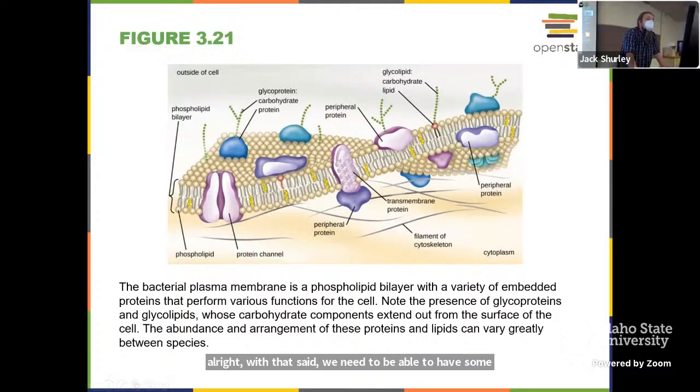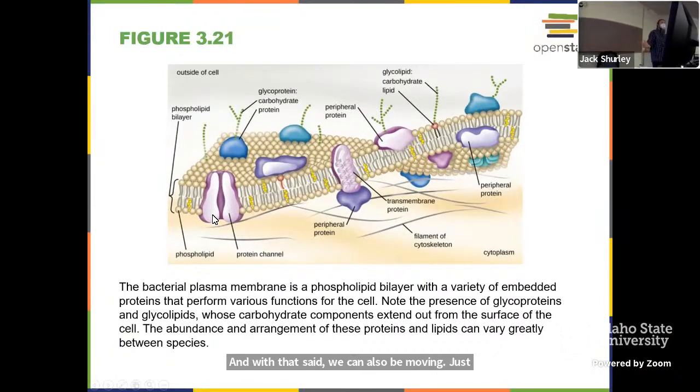Some stuff can readily go through the phospholipid layer. Other things need helpers like these protein channels. And with that said, we can also be moving just through simple diffusion down a concentration gradient from high to low concentration, or we could be going against a concentration gradient.